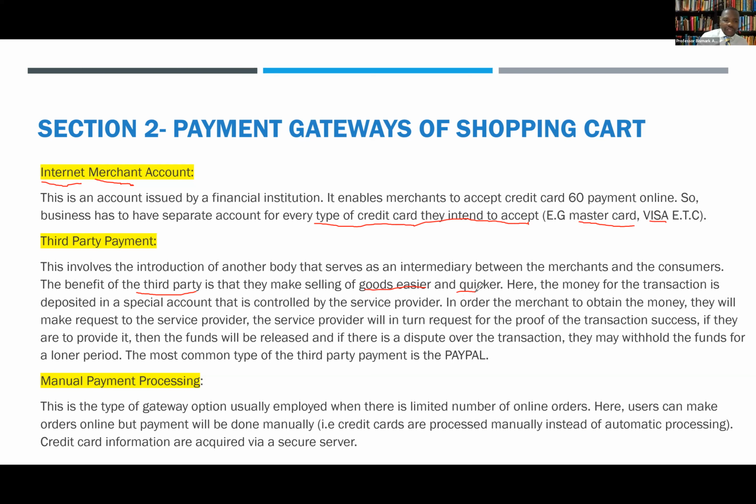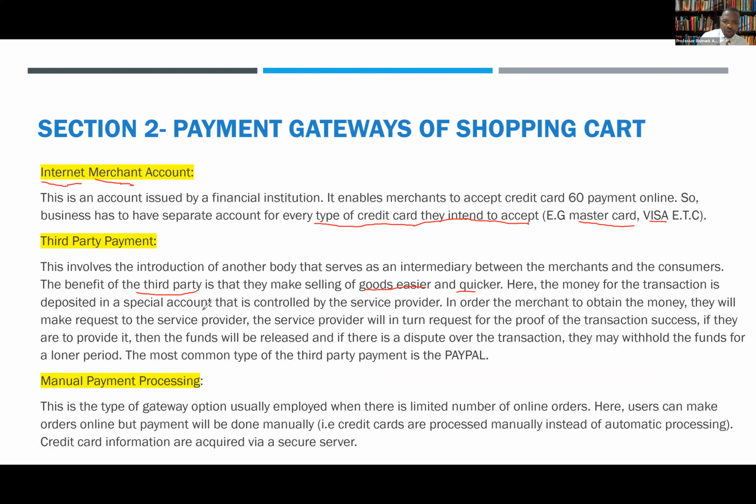Here, the money for the transaction is deposited into a special account and is controlled by what we call the service provider. Sometimes you hear people refer to this as escrow, or a place where you have to provide a particular service first, and then it needs to be verified before payment could be given. So you can use what we call a third-party merchant.